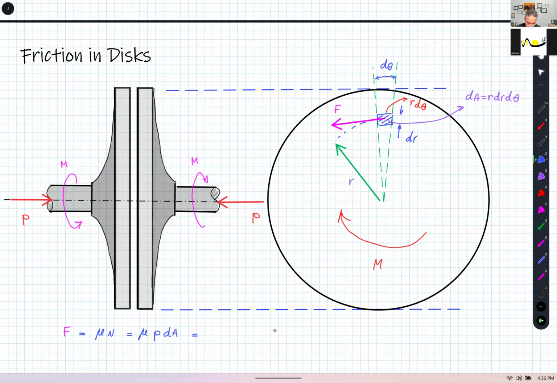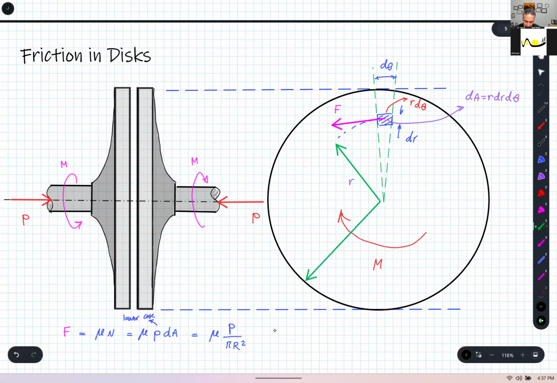Suppose these two disks have a uniform surface, the pressure is capital P divided by pi r squared, where r is the radius of this disk, multiplied by dA. So that's the value of F at any little element on this disk.